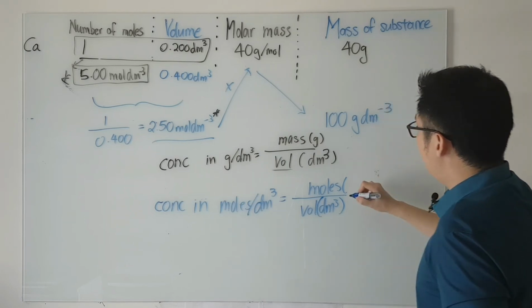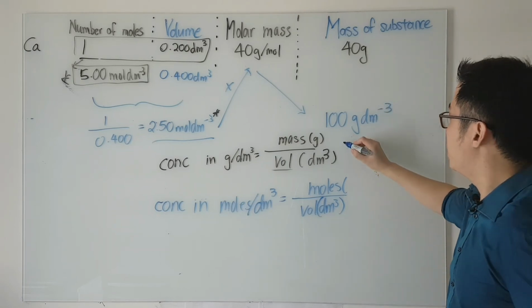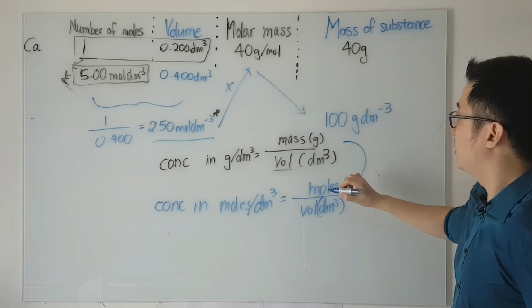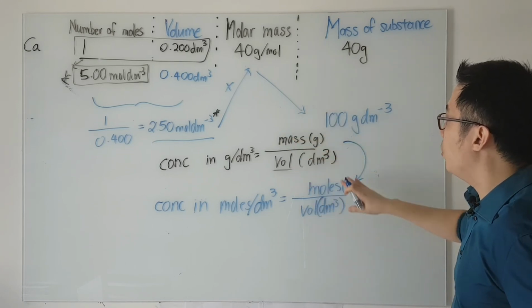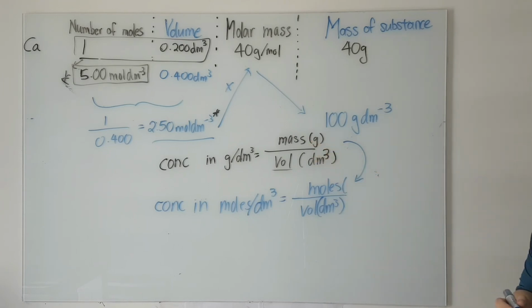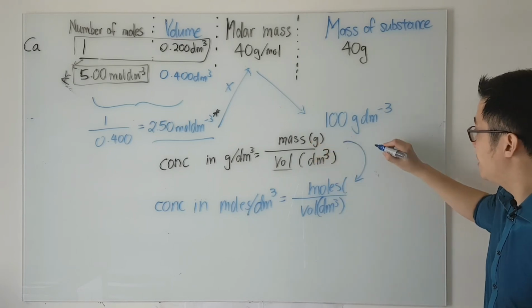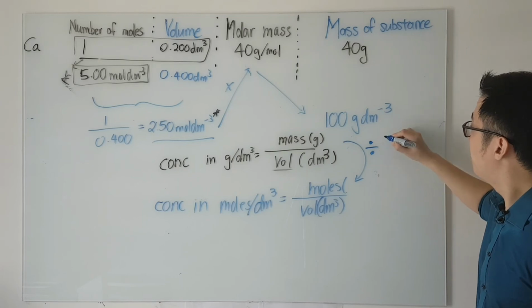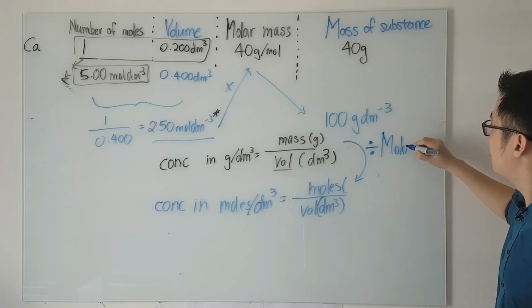So to convert between them, if I want to get the concentration in moles per dm cube from the concentration of mass per dm cube, all I need to do is to divide by the molar mass.